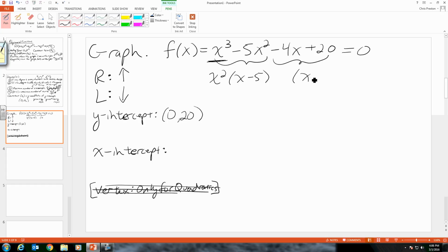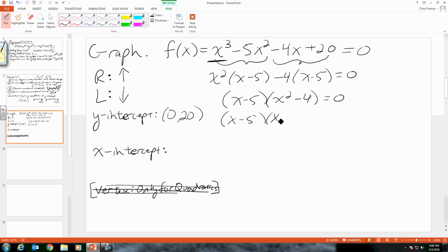We've got to get an x minus 5 over here, so I have to factor out a -4. -4 times -5 is positive 20, so that's going to work. I'm going to take out my x minus 5. That's going to leave me with x squared minus 4. And then I can factor that as the difference of squares: x minus 2, x plus 2.